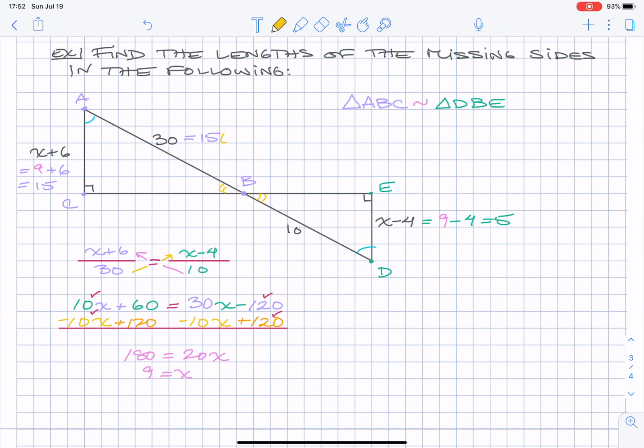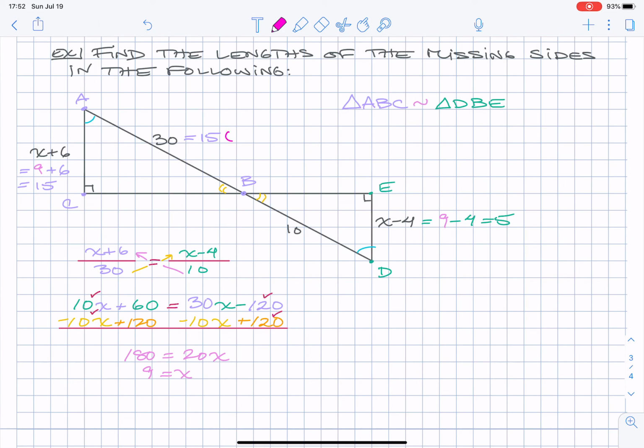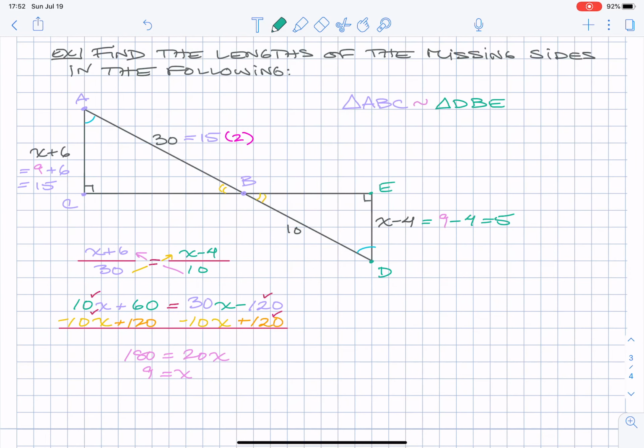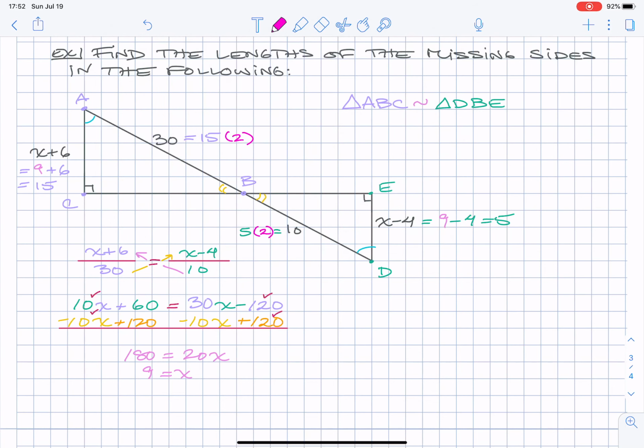Let's use hot pink. And 10 is 5 times 2, right? That means the hypotenuse is twice the smaller side.